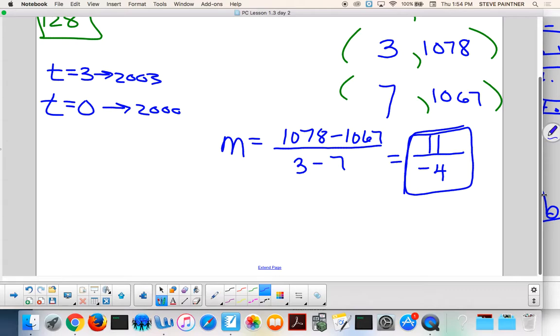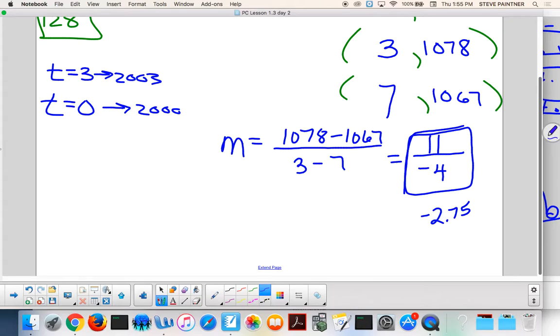I got a slope of negative 11/4. So you do know that this just means negative 2.75, right? Does that even make sense to you that it would be negative? Yeah. Because the stores are closing, 10.78 down to 10.67, that's going downhill. It should be negative. What does that even mean to you? I know it's a slope, but tell me what it means.